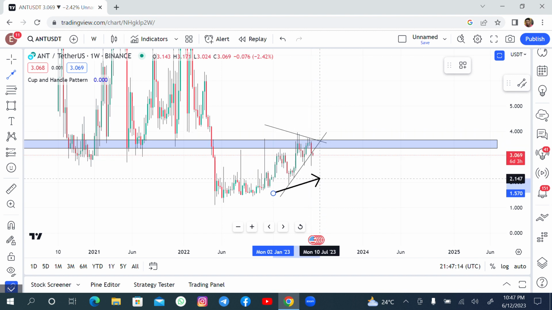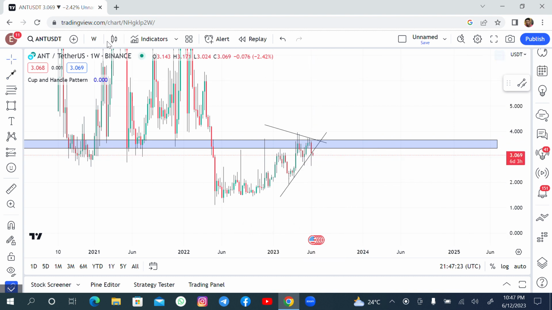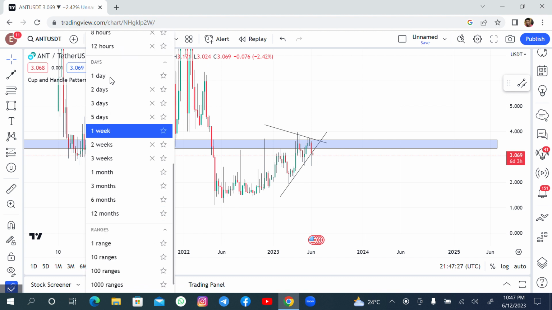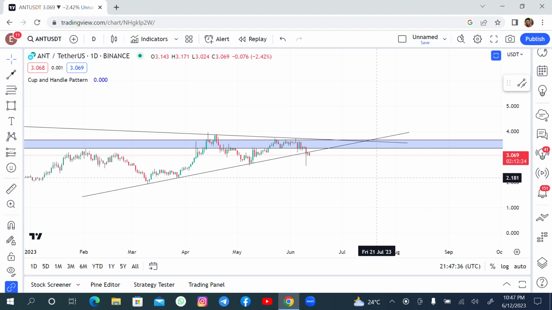But as it seems right now, this is looking more like a bearish scenario. Okay, so back to the daily time frame. Let's see what the daily is looking like again. Of course, it's still bearish, most definitely a bearish scenario.